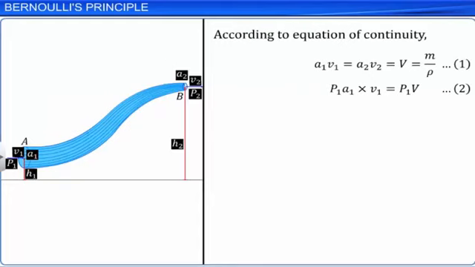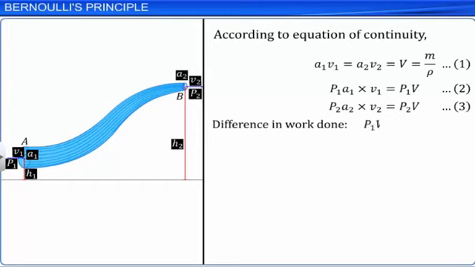Similarly, the work done per second on the liquid element against the force due to pressure at B is expressed as P2A2V2, which is equal to P2V. Let this be equation 3. The difference in the work done on the liquid element in moving from A to B is expressed as P1V minus P2V.